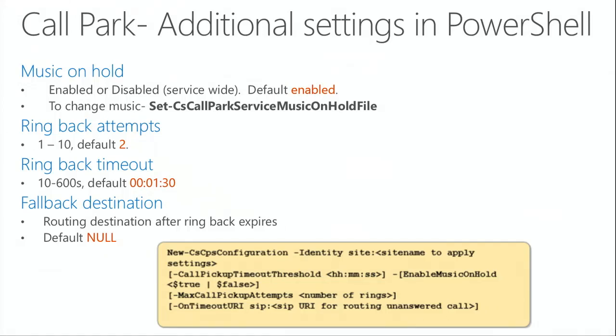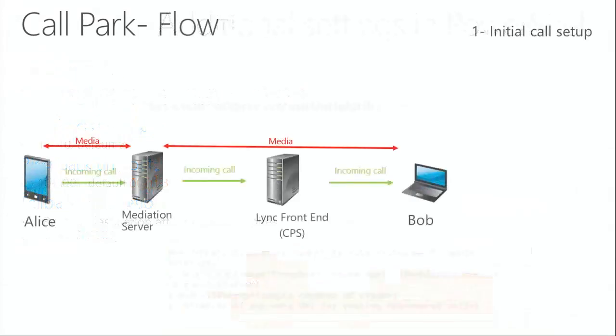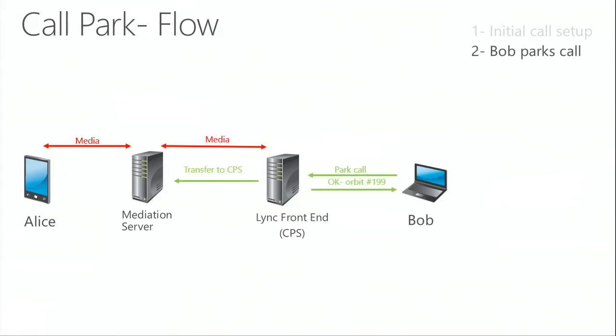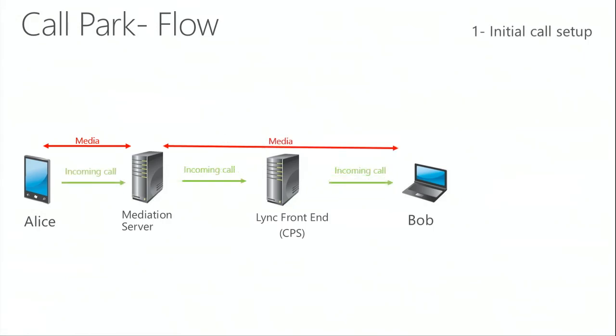So, Tim's airline has all these things set to default. And from a call flow point of view, I know we don't want to do ladder diagrams unless it's a 400 level class here, but the initial call setup, we're going through the Lync front end server to Bob.